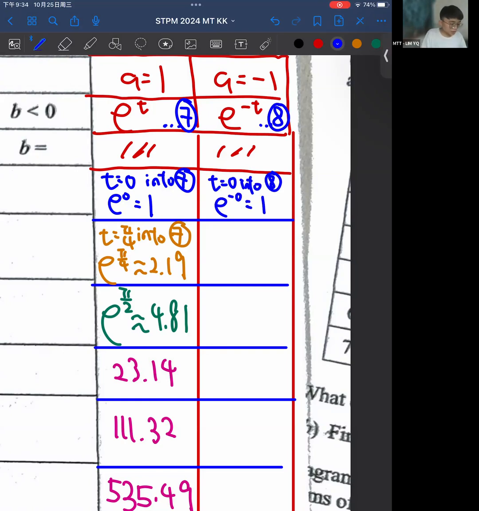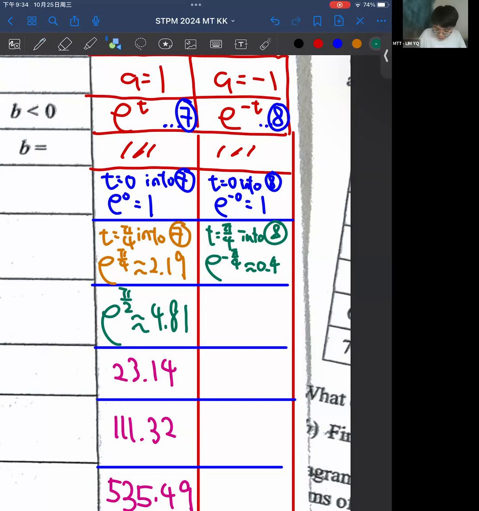I will give you the second value, and the rest of the values you find by yourself. The second value is t equal to -pi over 4. e power -pi over 4 is around 0.4559. How many decimal places should I give?